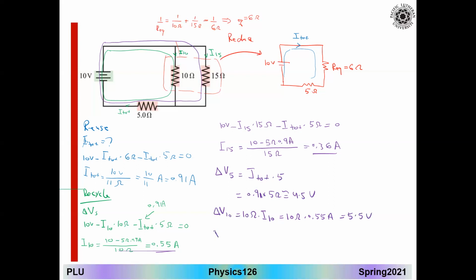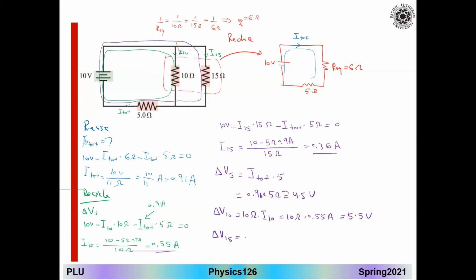The last voltage, delta V15. Before I confirm my calculations here, I noticed that 10 and 15 are connected in parallel. When we have a parallel connection, the voltage should be equal. So I have to find 5.5 volt.